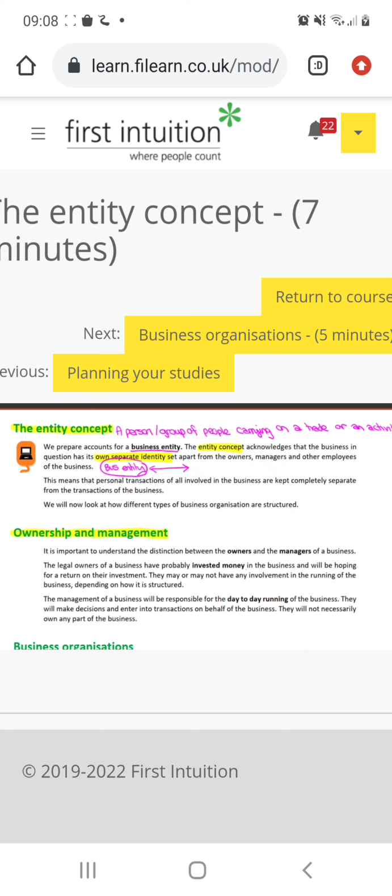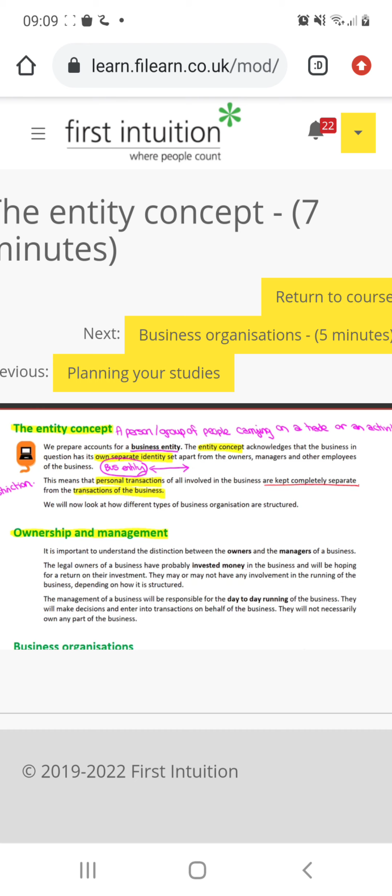So there is a distinction between the owners of the business and the transactions of the business. It means that personal transactions of all involved in the business are kept completely separate from the transactions of the business.